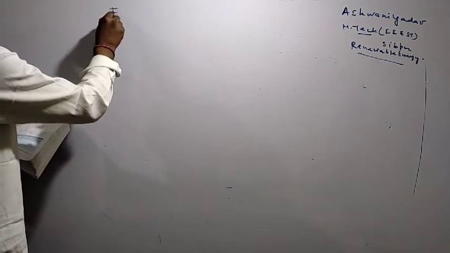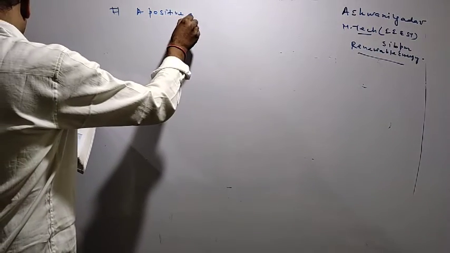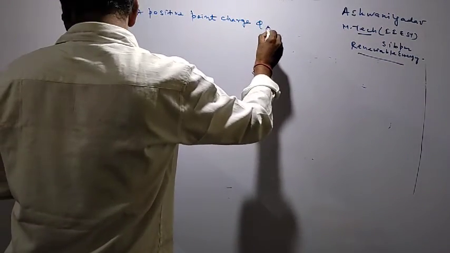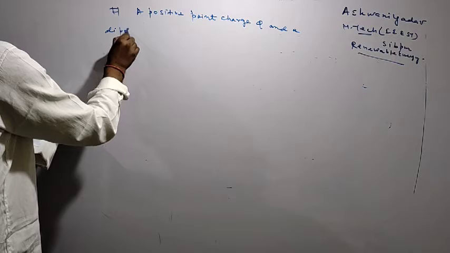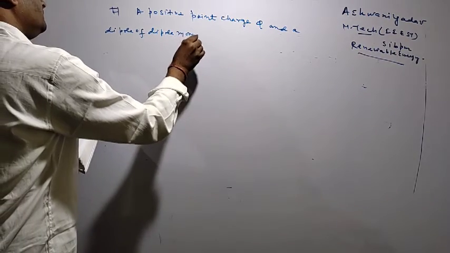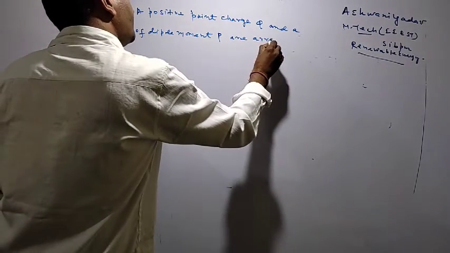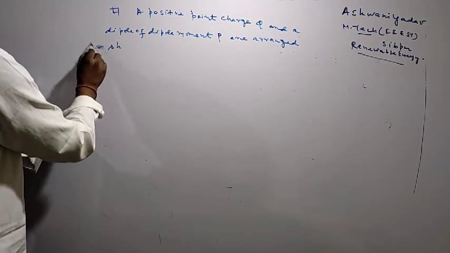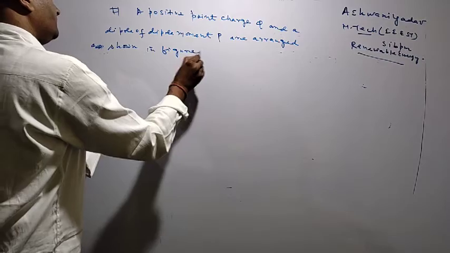One more question, one more basic question. A positive point charge Q and a dipole of dipole moment P are arranged as shown in the figure below.